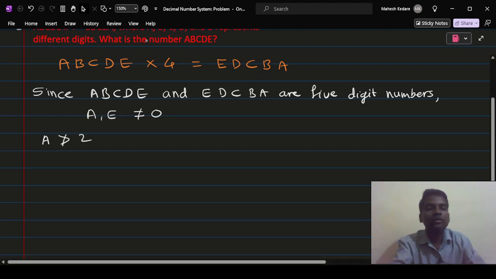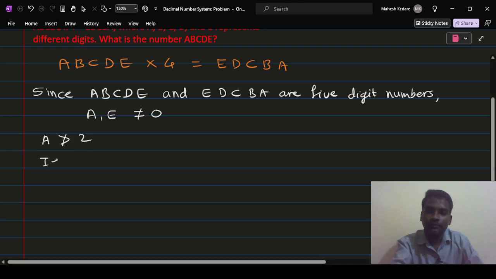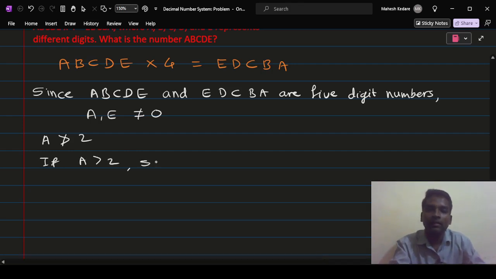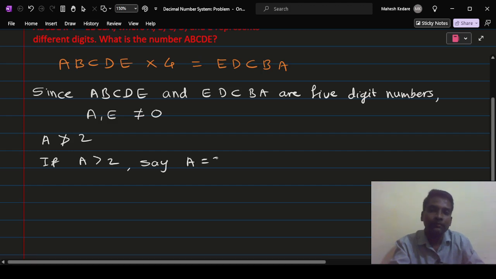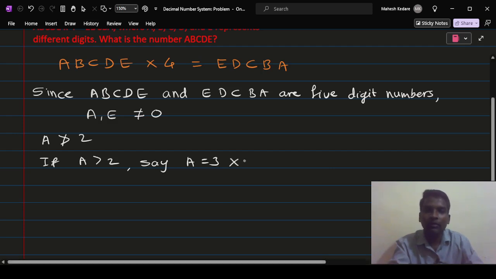This is because if A is greater than 2, say we take A equal to 3, then when we multiply this number by 4, the multiplication of A, which is 3, by 4 will give us 12.